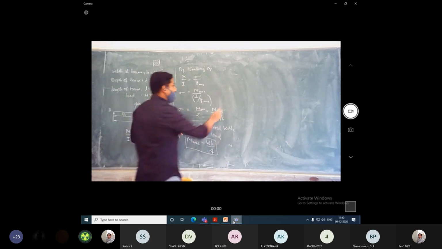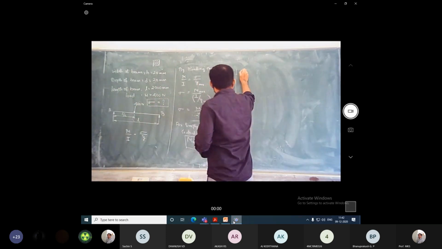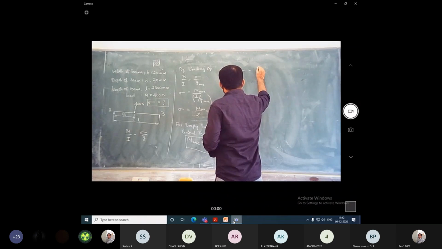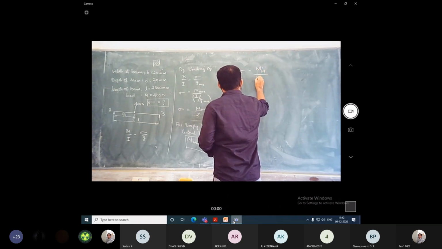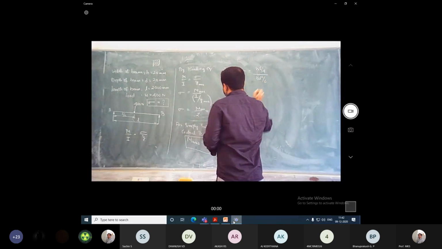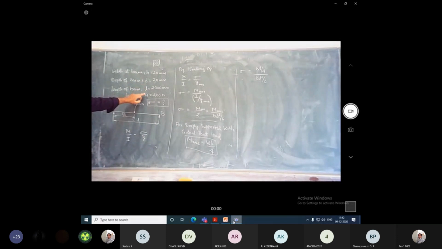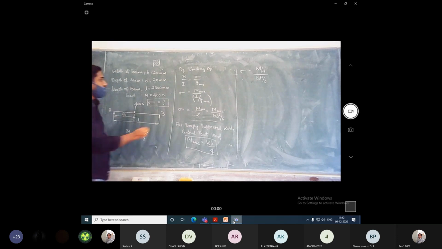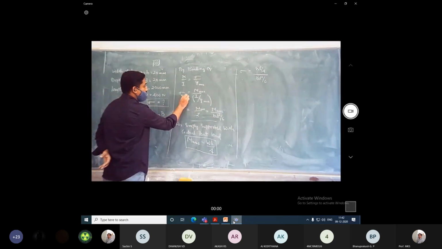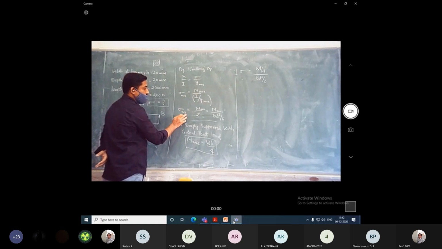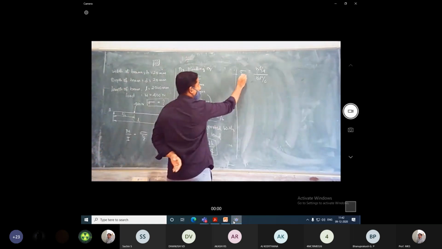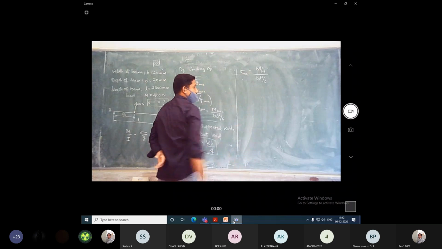So sigma will be equal to WL by 4 divided by BD square by 6. B, D, L, W are all known, so you will get directly the maximum stress, sigma maximum, with respect to the maximum moment.